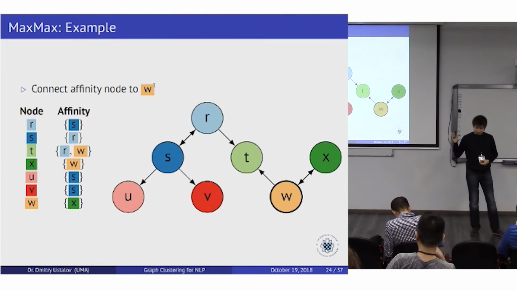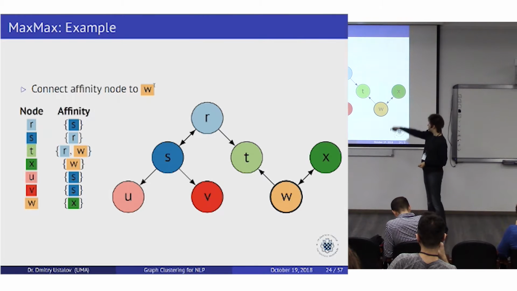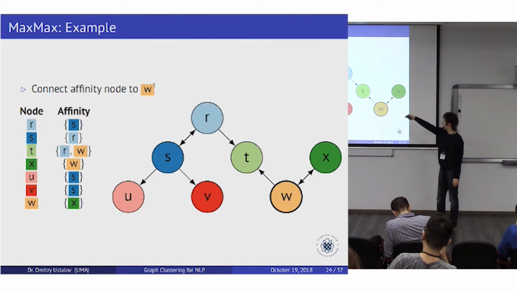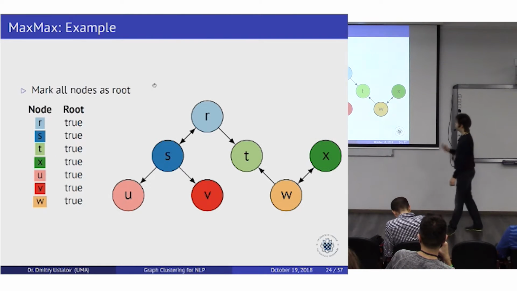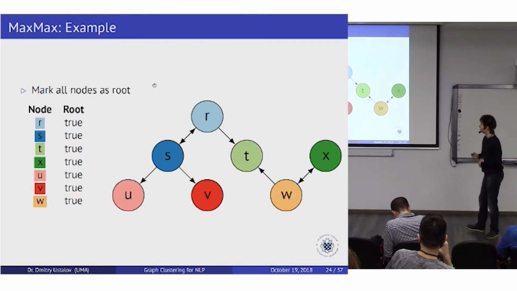We constructed this representation, and do you see something interesting? Because there is absolutely something interesting. If you go from here through all the successors, you will be stuck here. You cannot reach this node from R. You can't reach W from R because its closest successor is T. The same thing goes for X. So intuitively, the clustering is like this. And this is what MaxMax tries to capture.